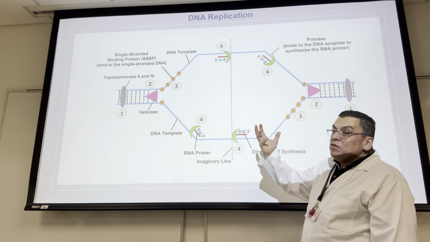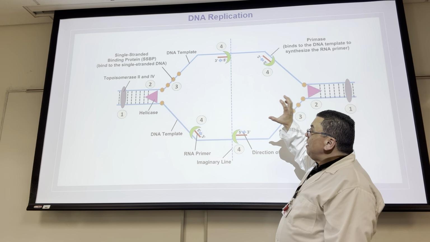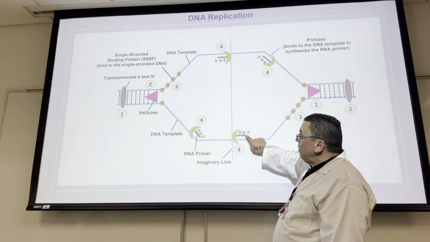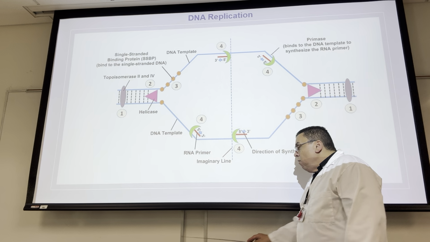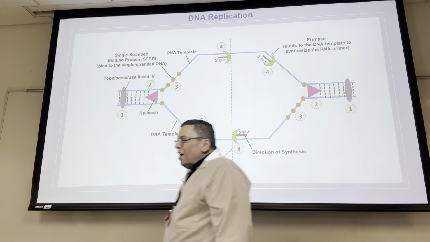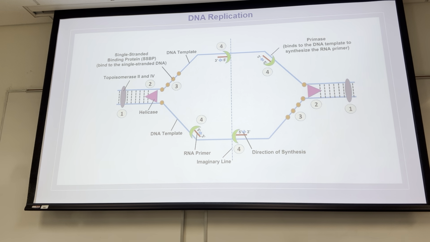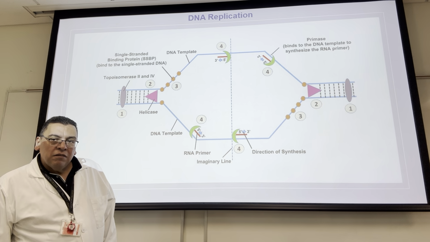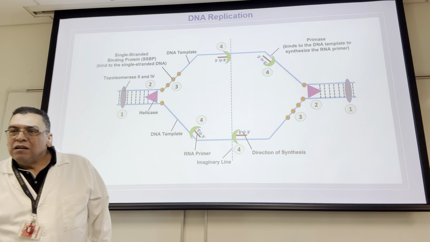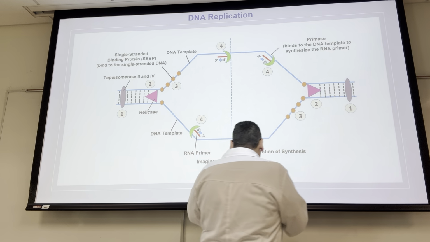So DNA polymerase 3, you'll see this, will come in and bind to the 3' end right here and start making DNA this way. Now, why do you need that 3' end? Because what's at the 3' end? Hydroxyl. Good.